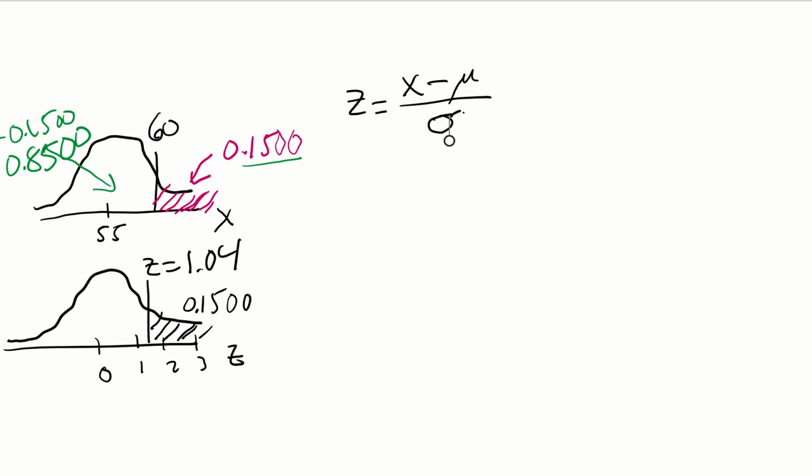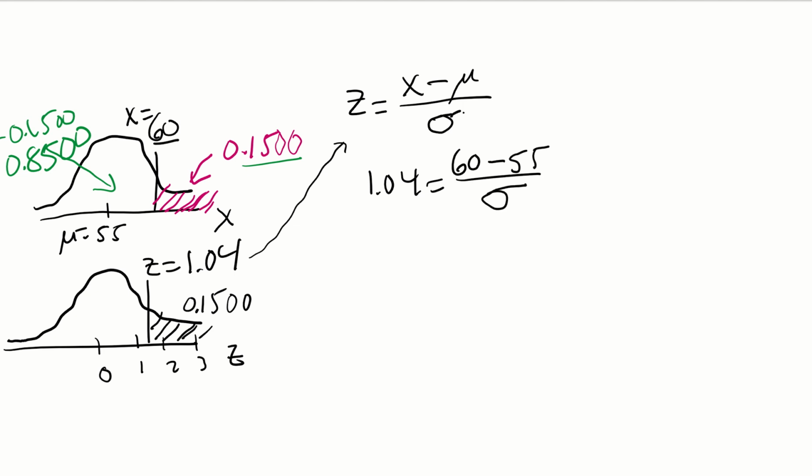Then z is 1.04, so we know what that is now. And we know that x is the 60 inches of snowfall. That was my x value. The mean, that's the mu, is 55. And we don't know sigma, so we have to find sigma.